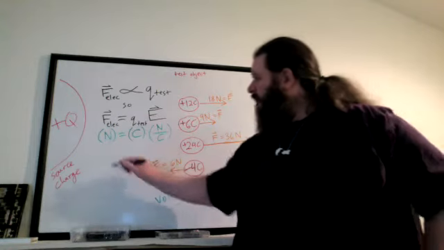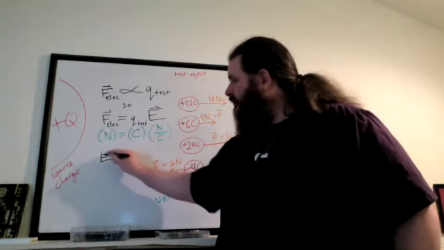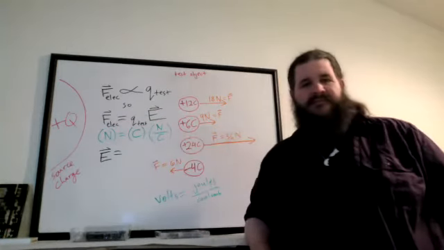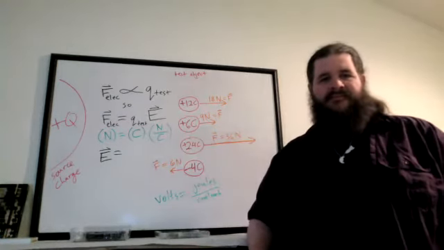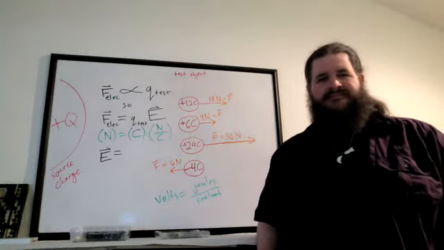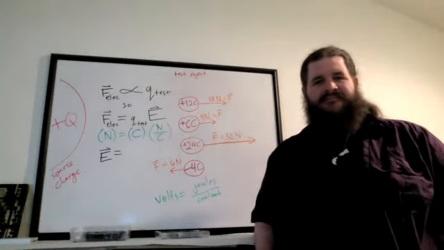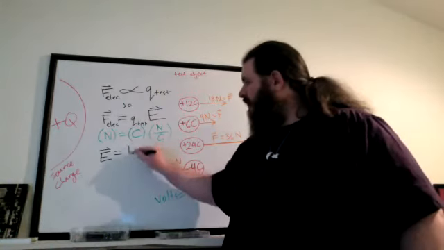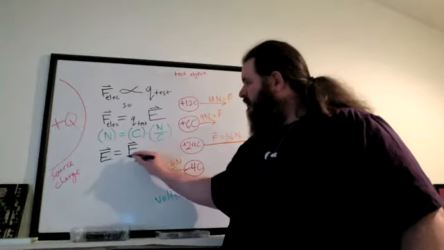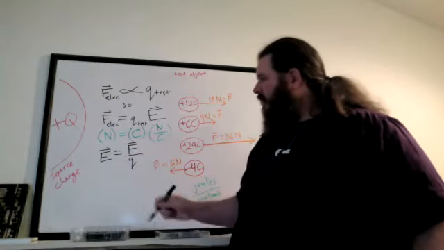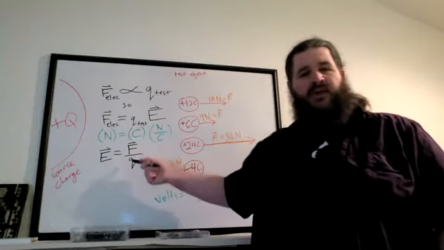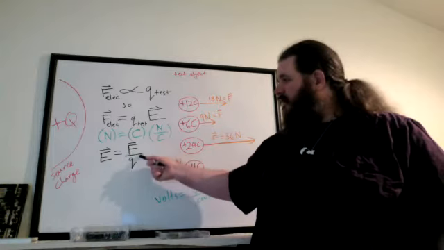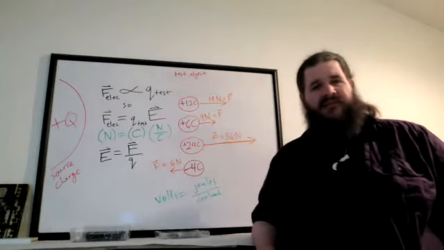If we want to figure out more information about electric field though, how would you solve for electric field? How would you isolate E in this equation? Divide by the test charge. Yeah, if you just divide both sides by test charge, you get the force divided by the test charge. So the electric field can be thought of as the ratio of the force that would be experienced by that test object divided by the charge of the test object itself.